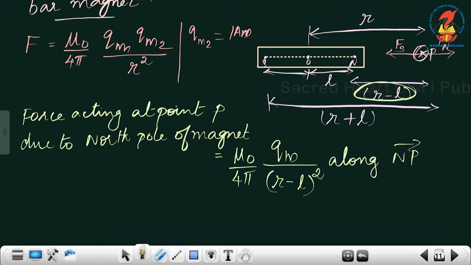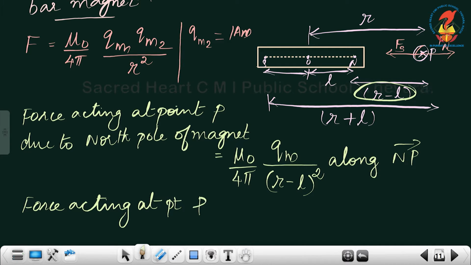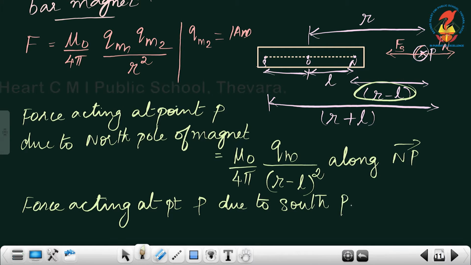Now, next, the force acting at point P due to the south pole of the magnet.